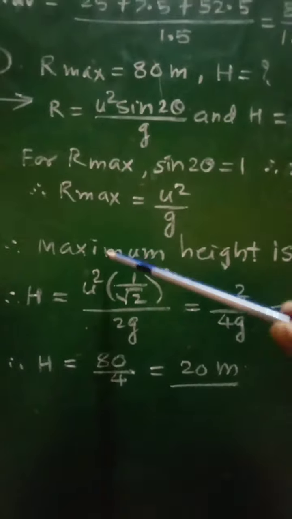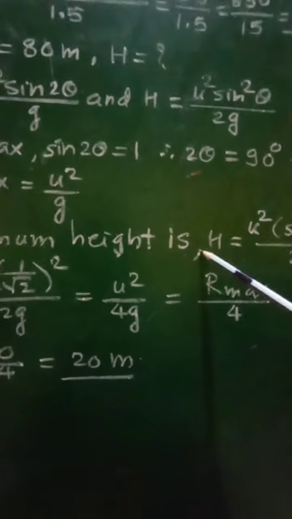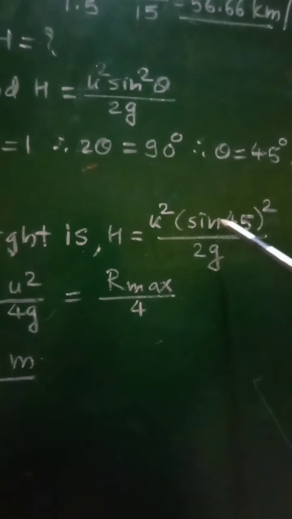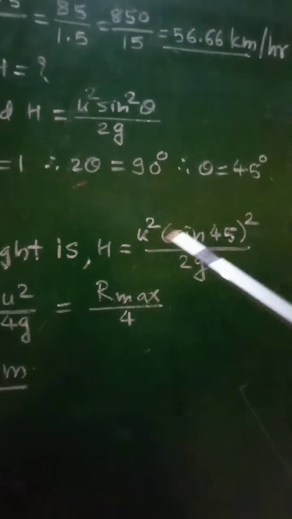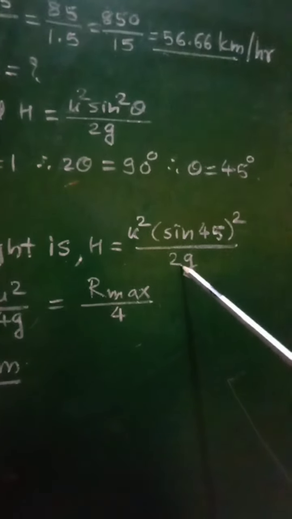Now from this, the maximum height h will be equal to u square sine 45 square upon 2g, because theta is equal to 45, therefore u square sine square theta upon 2g will be the value of h.